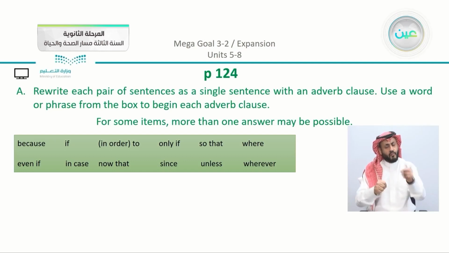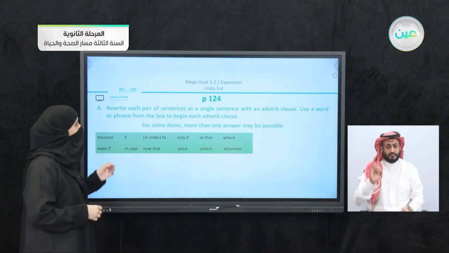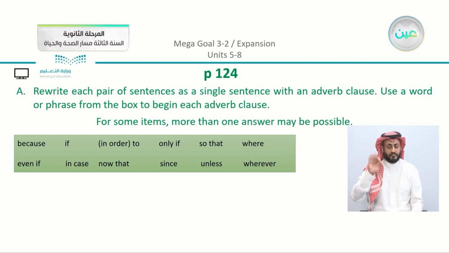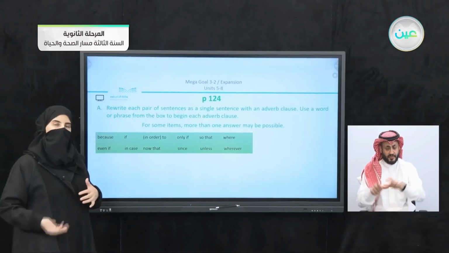So you can see that we have here the words. We have because, if, in order to, or just to, use to, only if, so that, where, even if, in case, now that, since, unless, and wherever. Now we are going to use these words within the adverb clauses here.